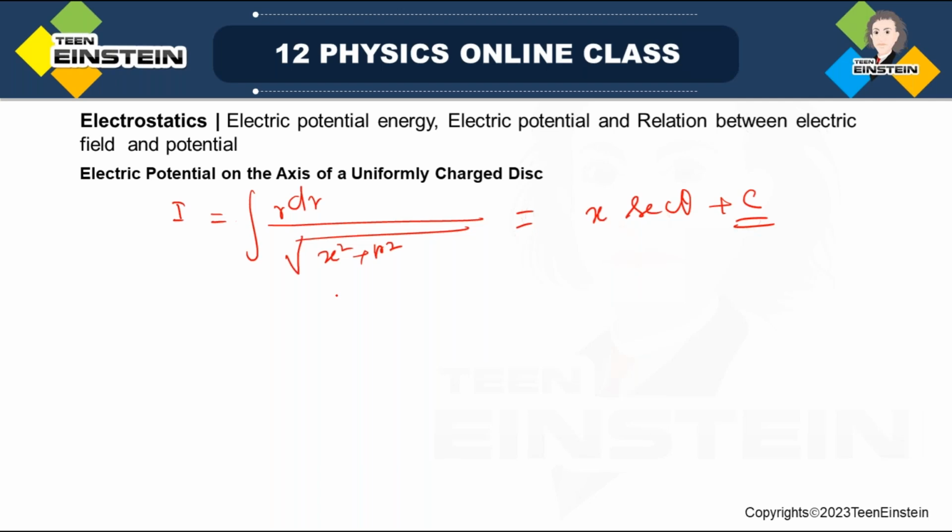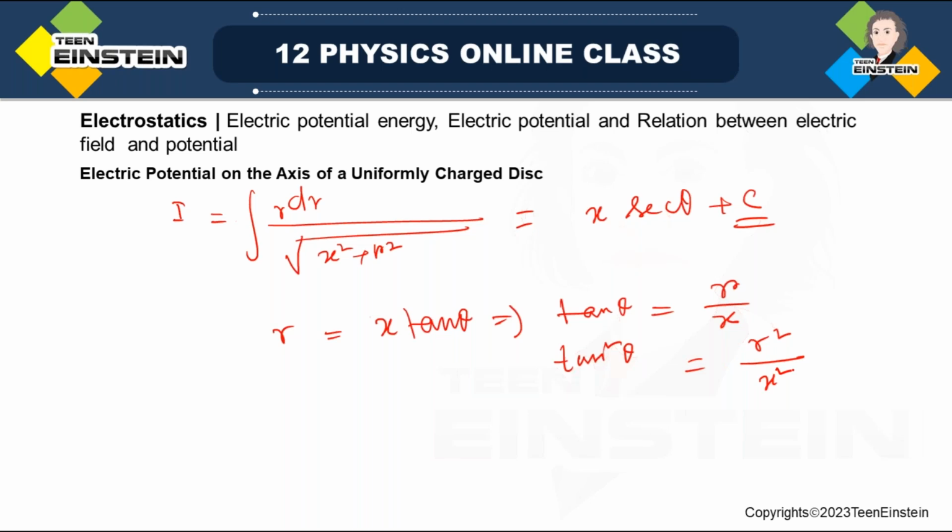Now, what is sec theta? We had taken r equal to x tan theta. We have to find out what sec theta is, then we'll take the limit. So tan theta is equal to r by x. What is tan square theta? Tan square theta will be r square by x square.